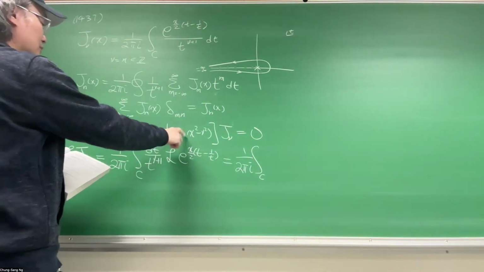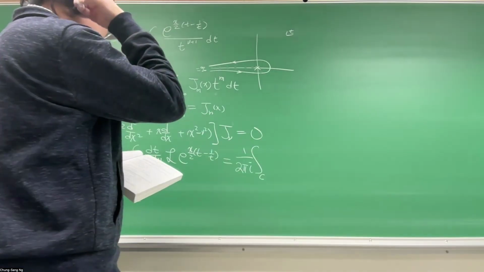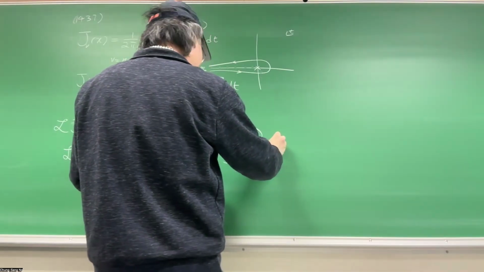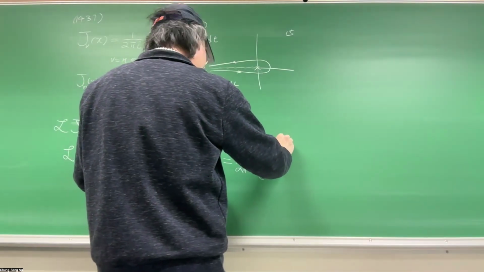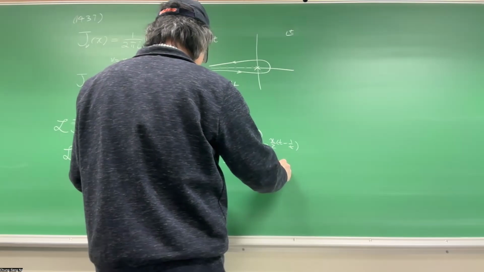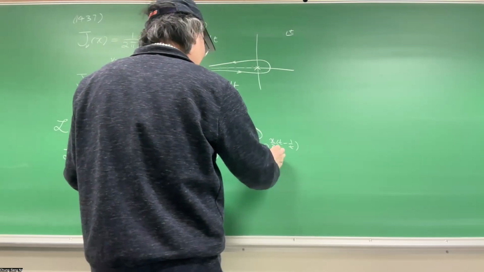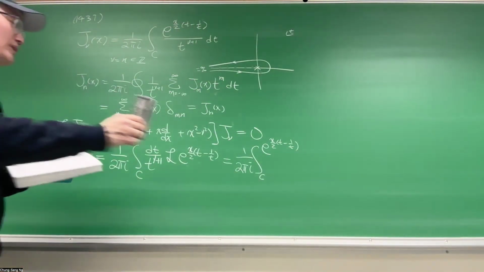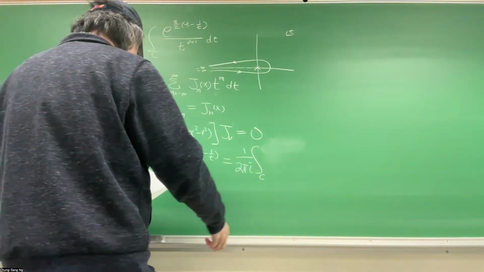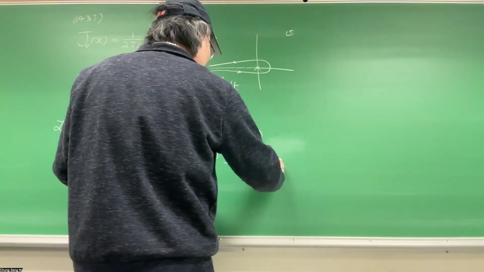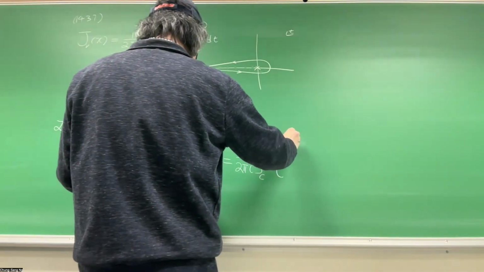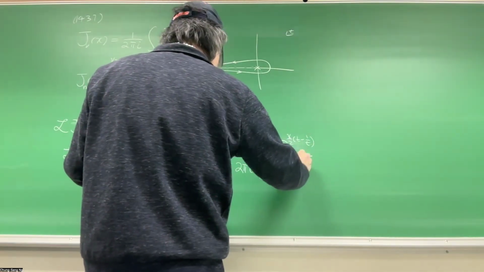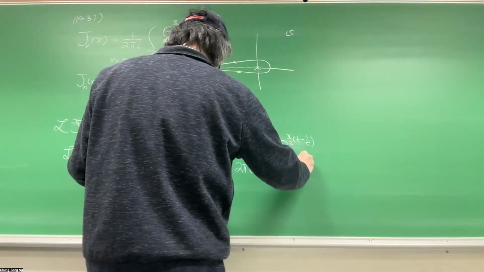Operating on this using this operator, after some algebra, it's actually quite a lot of algebra, you can convince yourself that, I missed the d/dt first, the whole thing is a derivative in t, d/dt, of the same exponential function divided by t to the nu.